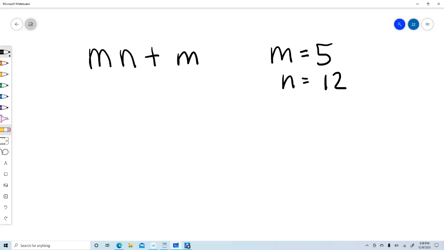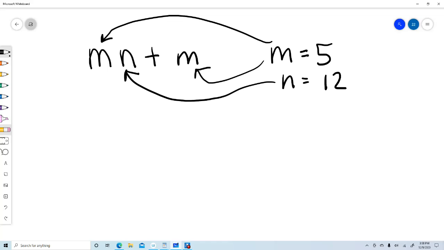To me, this seems pretty straightforward, but I'm going to give a quick review here. This is a super simple type of problem. You take that number 5, you stick it there, and you take your value for n and you put it right there. What happens when I do that? I'm going to replace m with 5, n with 12, and m again with 5, and I have to solve that.